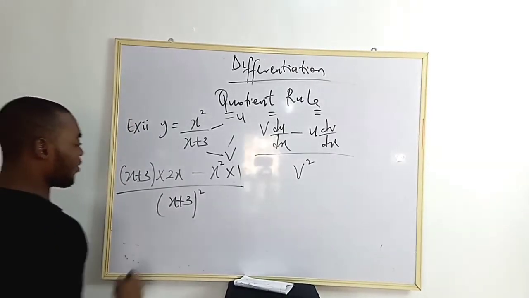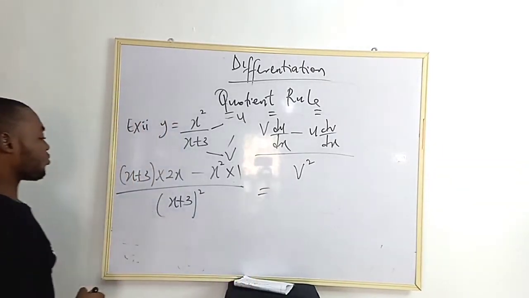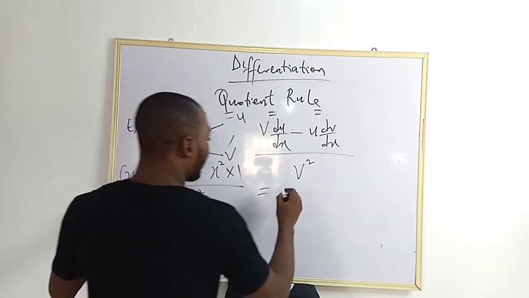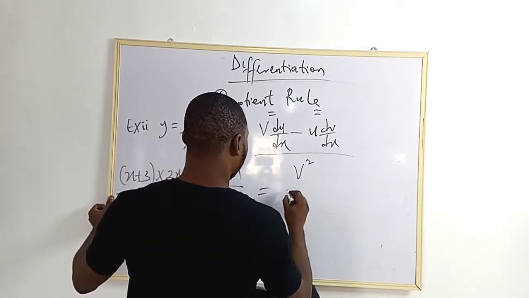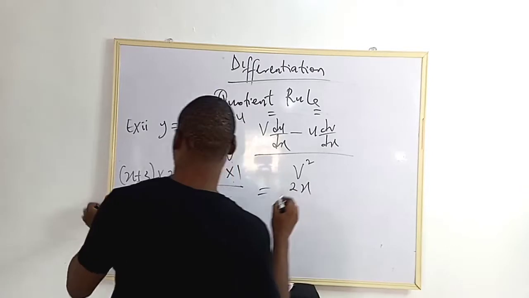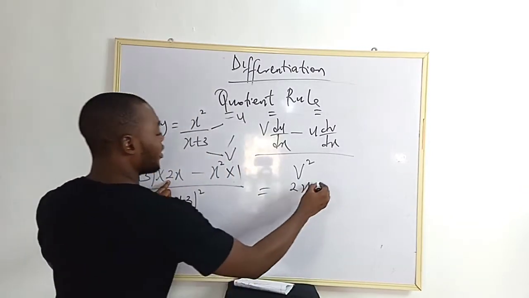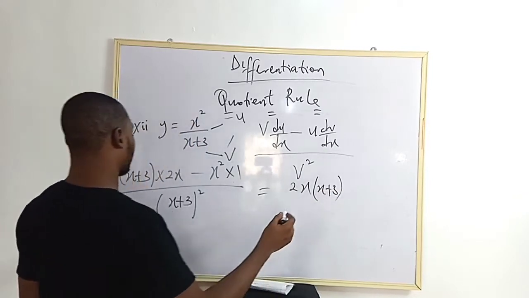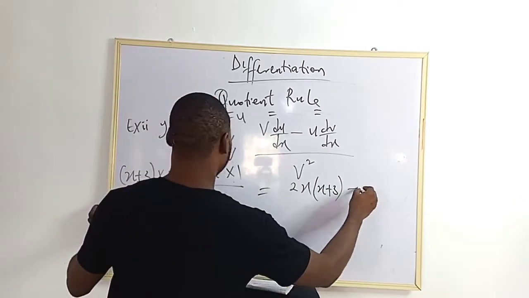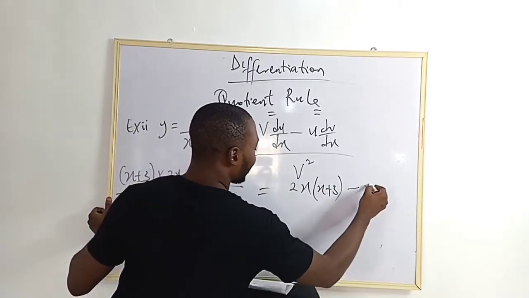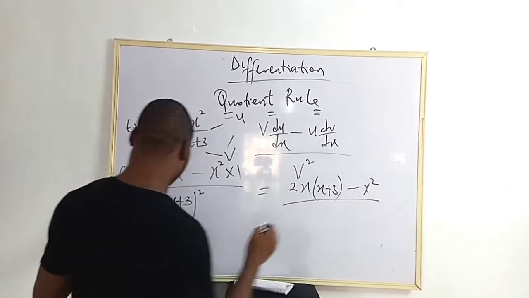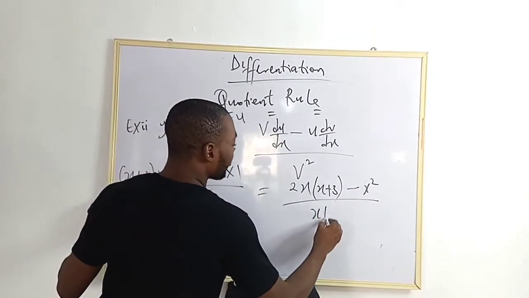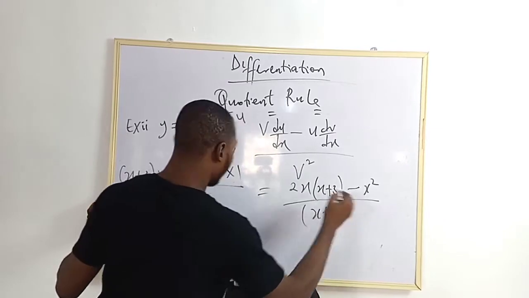So this equals 2x into bracket x plus 3, minus x squared times 1, all over x plus 3 squared.